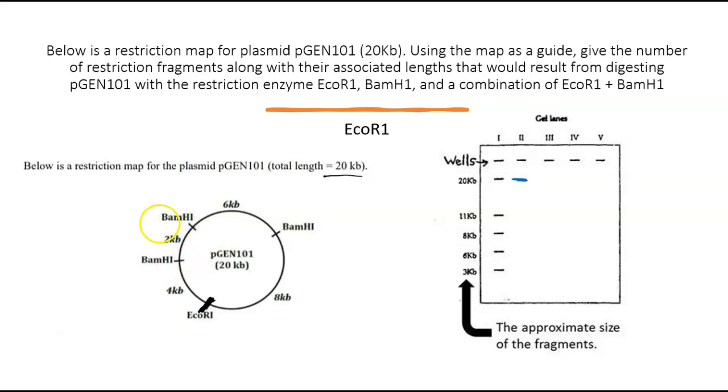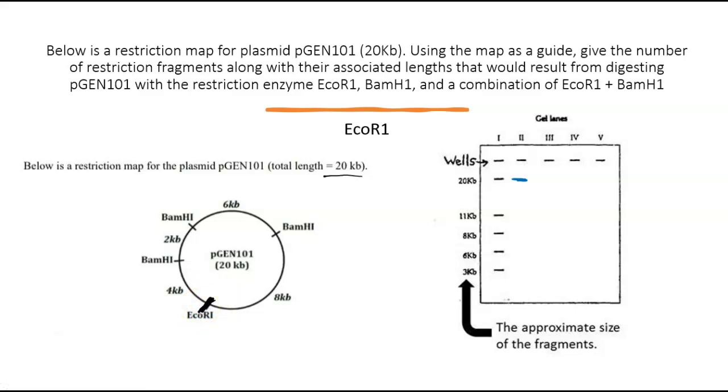So first, let's look at this enzyme, EcoR1. If we mix this plasmid with EcoR1, we could see that EcoR1 has only one restriction site on this plasmid, and that is right here. So it will cut this plasmid DNA right here and nowhere else.